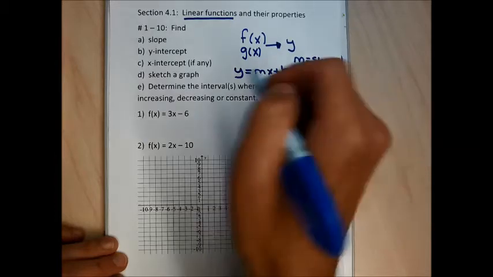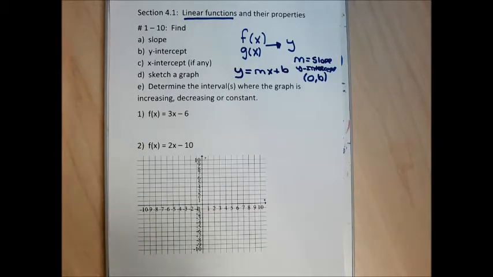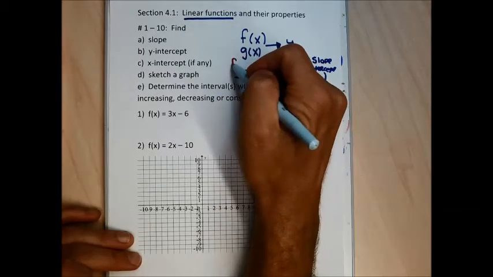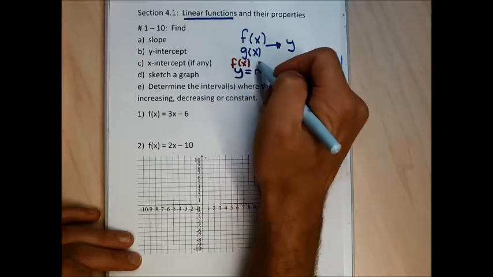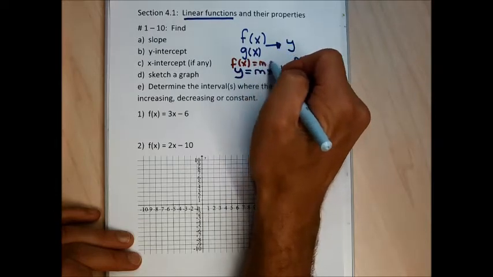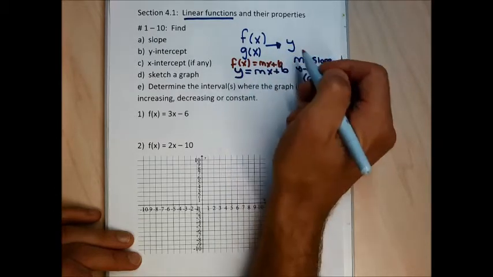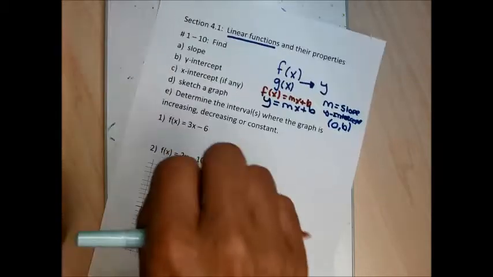In this section, instead of having equations in the form y equals mx plus b to represent lines, we're going to have equations in the form of some function like f of x equals mx plus b to represent equations of lines. And that's exactly in problems 1 and 2.